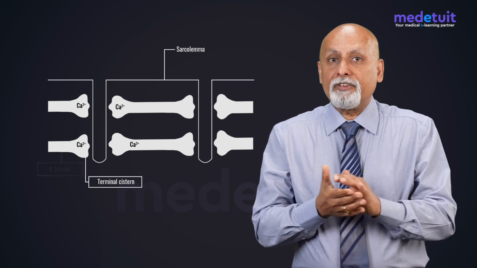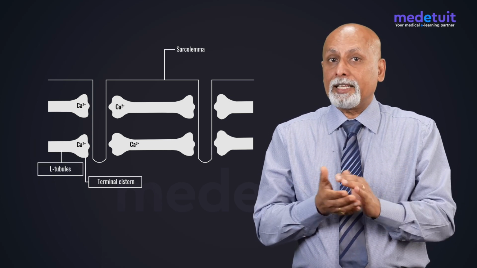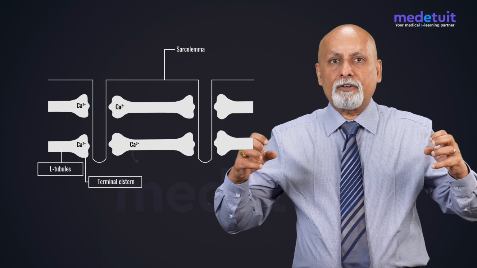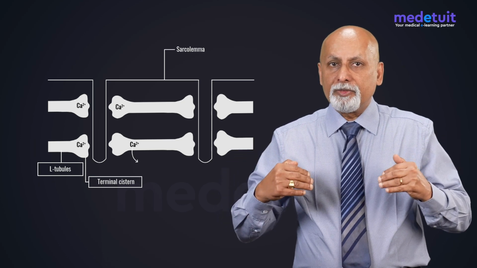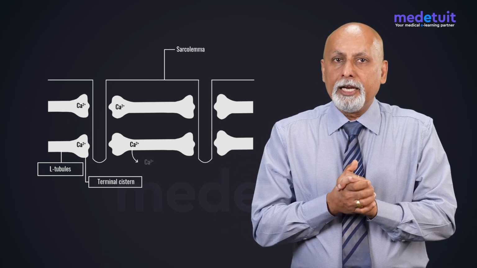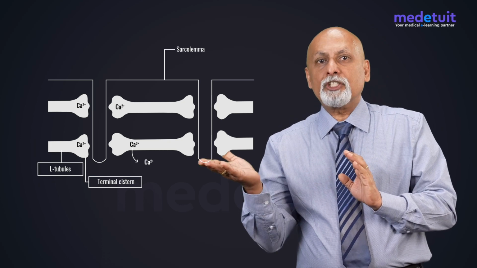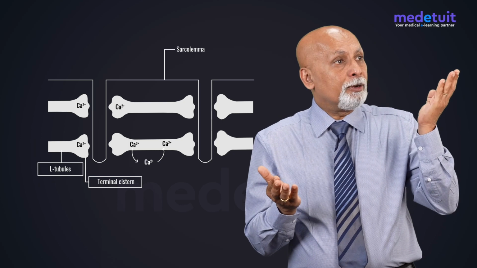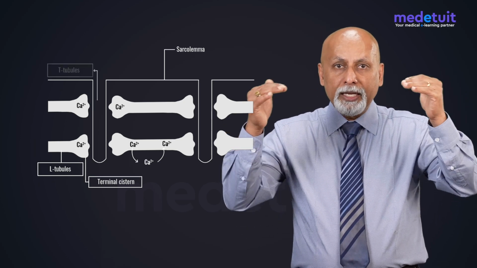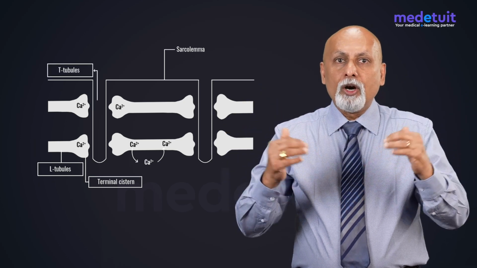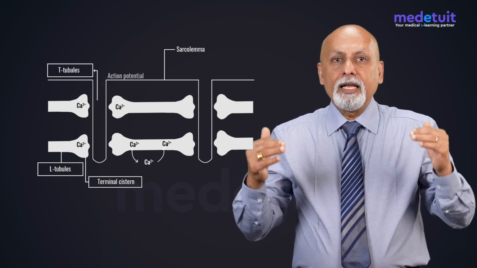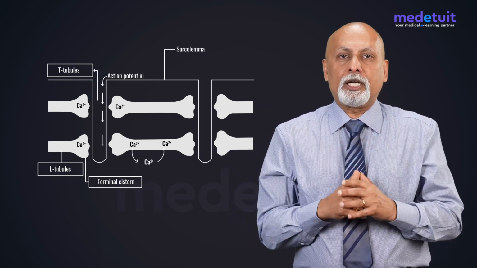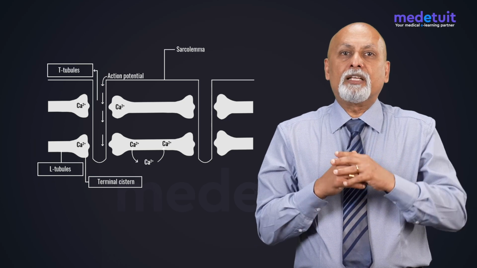Now, what is the function of L tubule? To a certain extent, during the relaxation of skeletal muscle, this calcium is pumped back into the L tubule as well as into the terminal cistern. Now, what is the T tubule's function? This T tubule acts as a corridor or a pathway for the incoming action potential into the deeper part of the skeletal muscle.